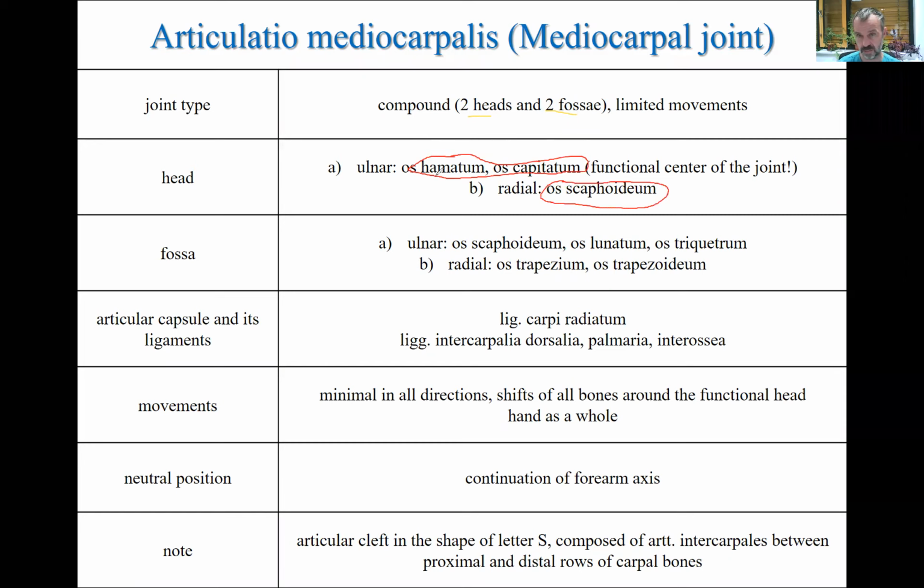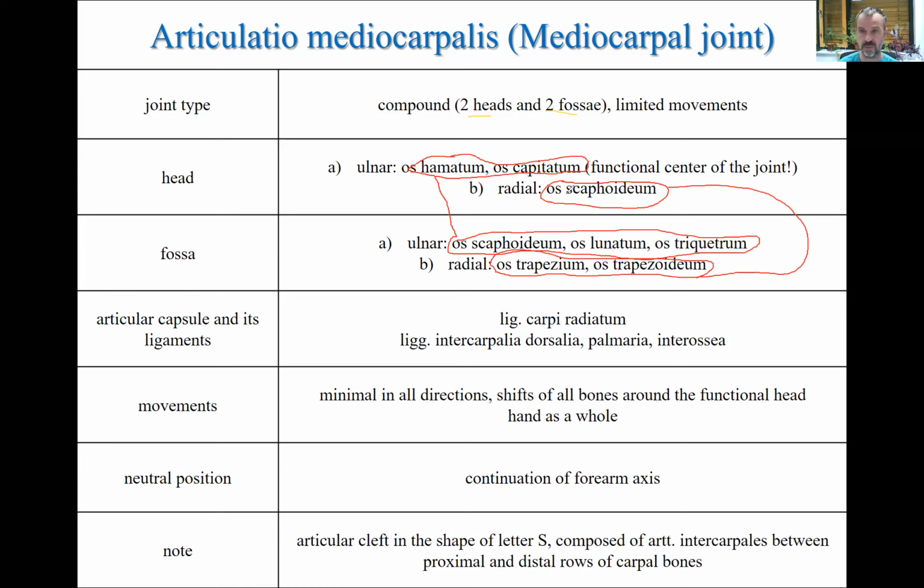Hamate and capitate articulate with scaphoid, lunate, and triquetrum with their concave parts, and the convex part of scaphoid articulates with trapezium and trapezoid.